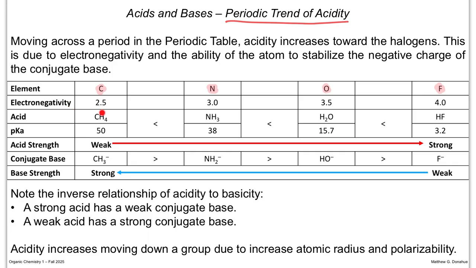I've listed the electronegativity value, that's the Pauling number there. And we know that that increases towards fluorine, moving across and then moving up the group. The acid that I'm showing is that element with the maximum number of hydrogens. So we know carbon can form 4 valencies, so we're going to use methane, ammonia, water, and then HF.